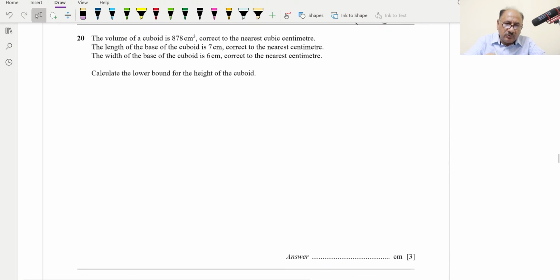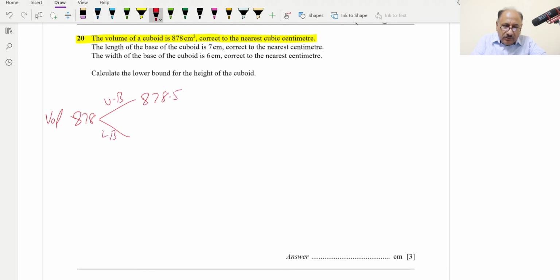Now question number 20. Question number 20 says the volume of a cuboid is this much, correct to the nearest cubic centimeter. So side by side we will be writing volume is 878. So rewrite 878 with upper bound and lower bound. Upper bound will be 878.5 and lower bound will be 877.5.